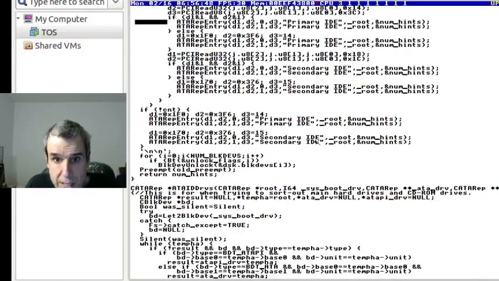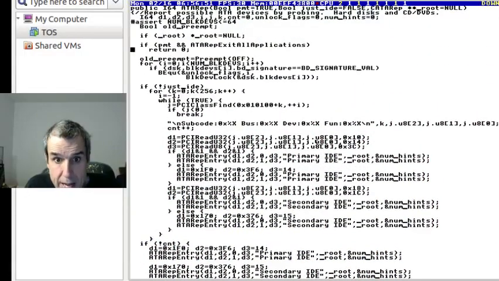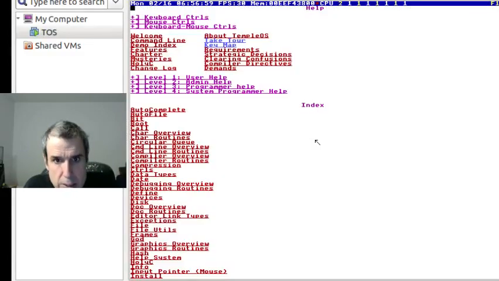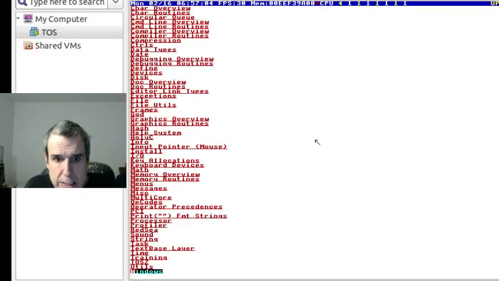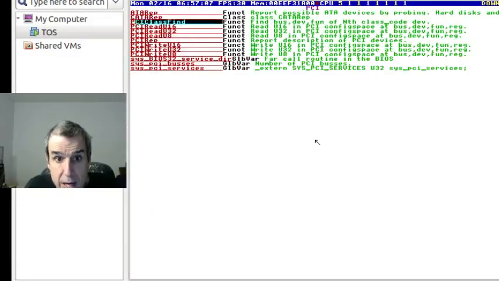There's what's called a PCI BIOS, and what that is is a 32-bit BIOS that has a handful of functions. Where would that be? The PCI BIOS has a handful of functions: you can read config space, or you can write config space, or you can try and find a device class. That's what we're trying to do.